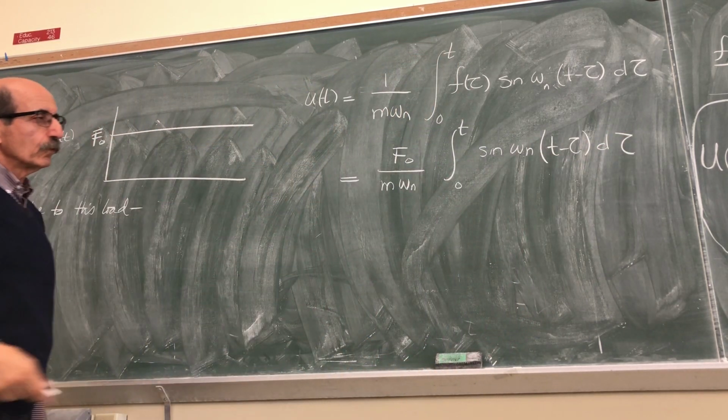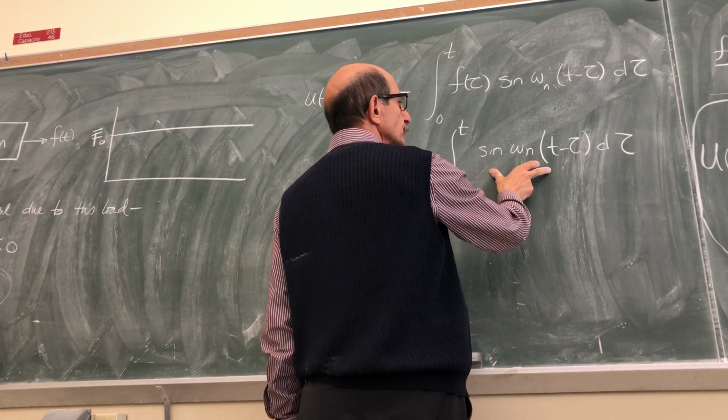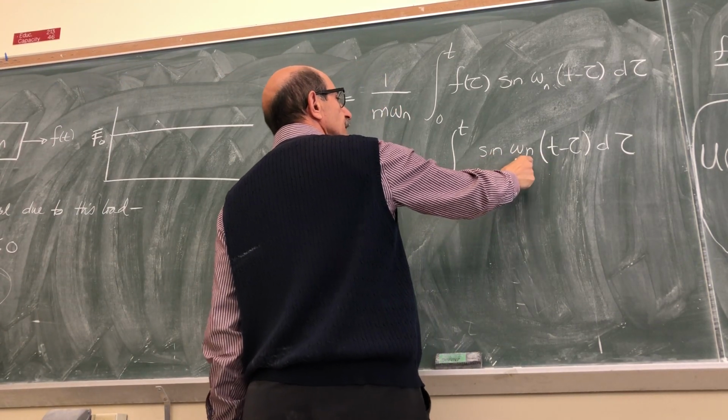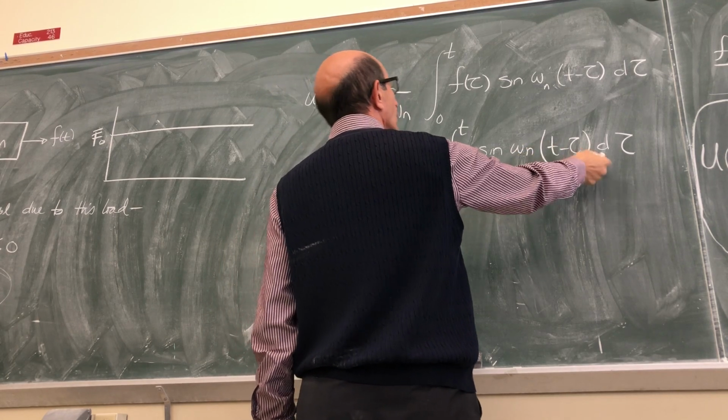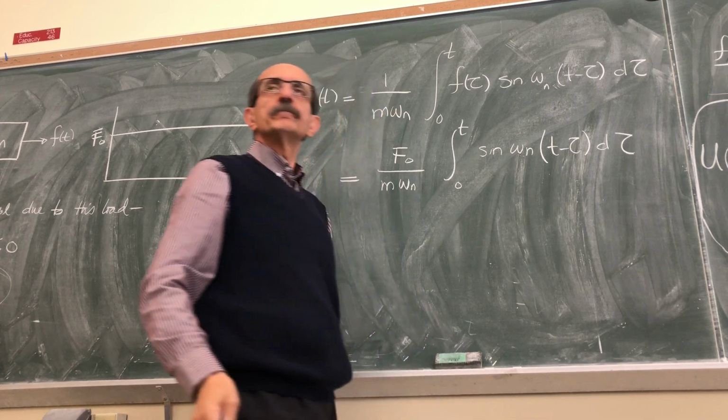In order to perform this integration, obviously, you need to break this into sine omega n t cosine omega n tau minus cosine omega n t sine omega n tau, in other words, the trig identity, okay?